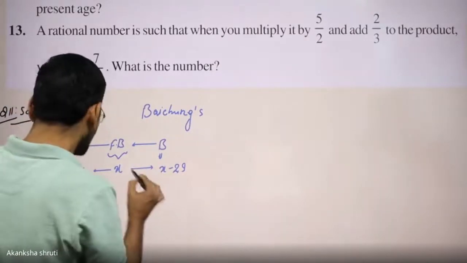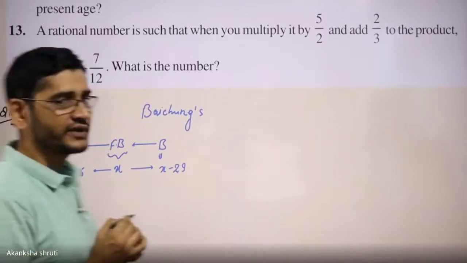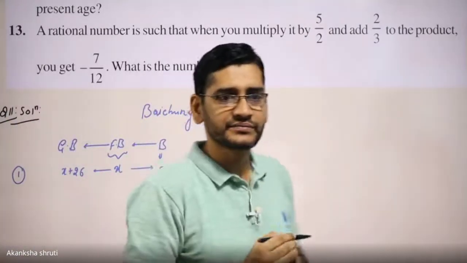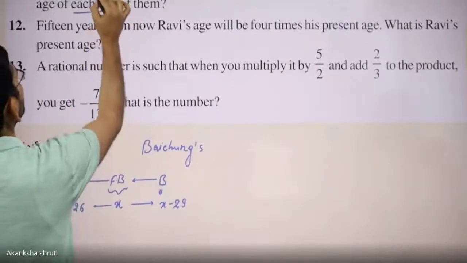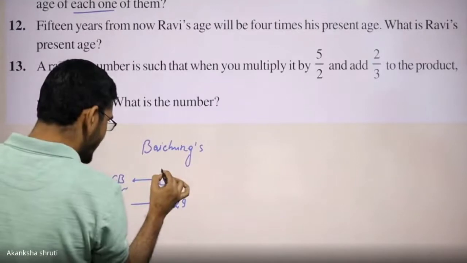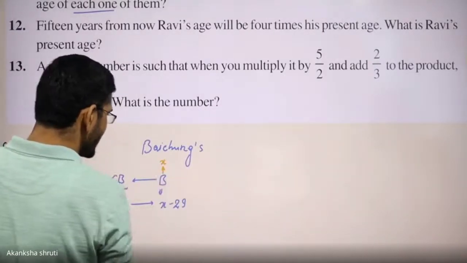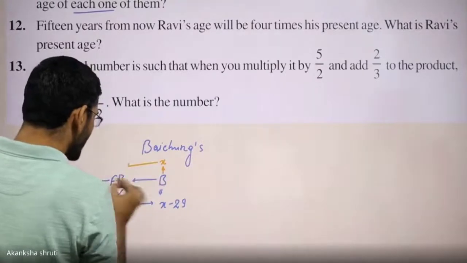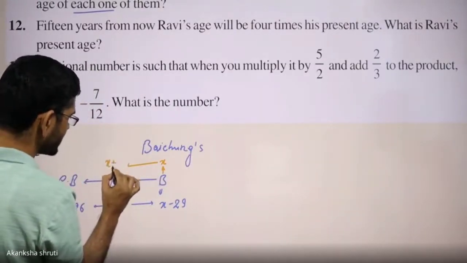Okay? So this is one way that we can assume. There could be another way. What is that? The other way, students, you may consider the age of Bechung's itself as X. At that time, the age of Bechung's father will be X plus 29.